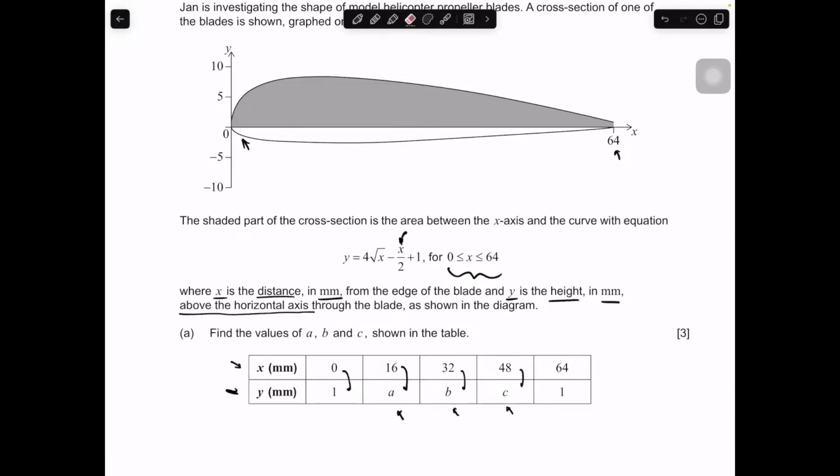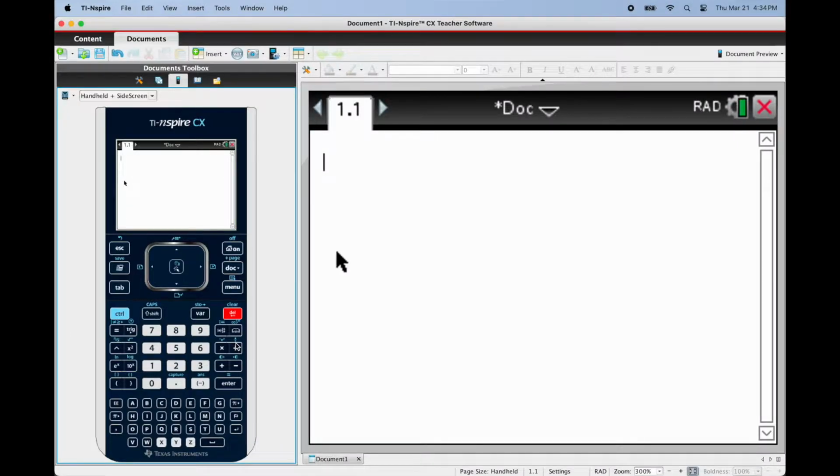Okay, so let's go to the calculator and work out these values. Okay, so we have a function for square root. Our first value is 16 minus, we'll get a fraction here. This is going to be 16 over 2. And then it's going to be plus 1. Okay. Since we're here, let's do the other two as well.